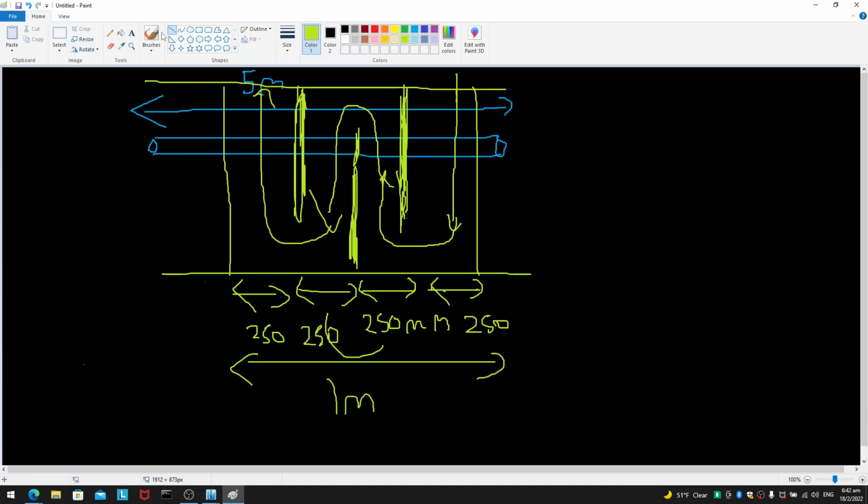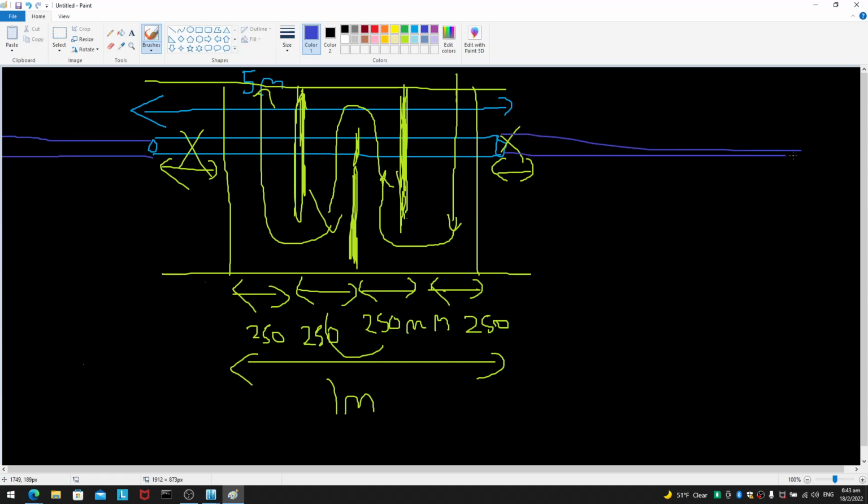That means the rest of the tube is not getting contacted at all by the shell side fluid. If you really want to draw it to scale, 5 meters will go much further along this side.